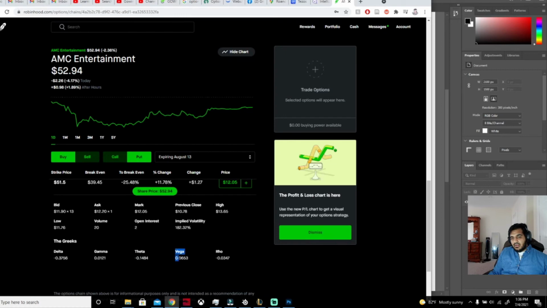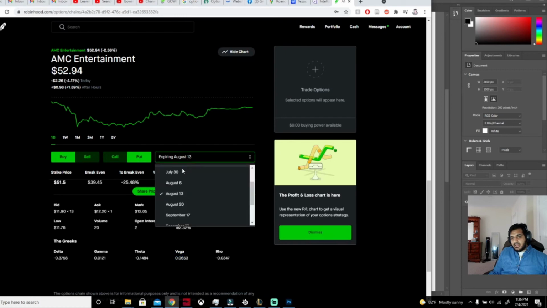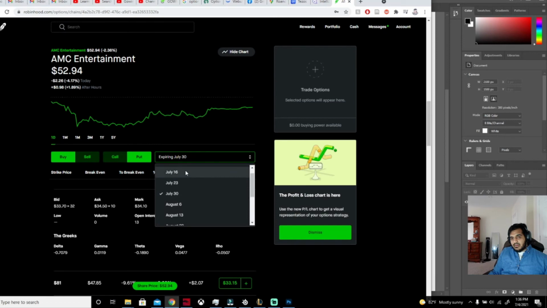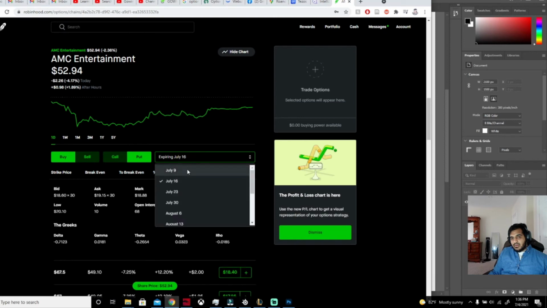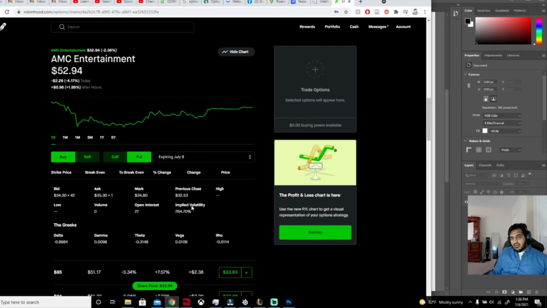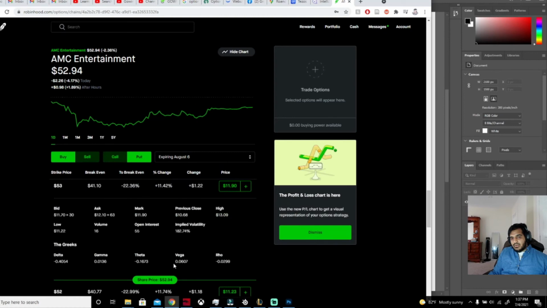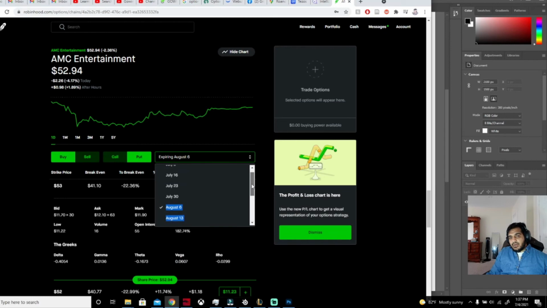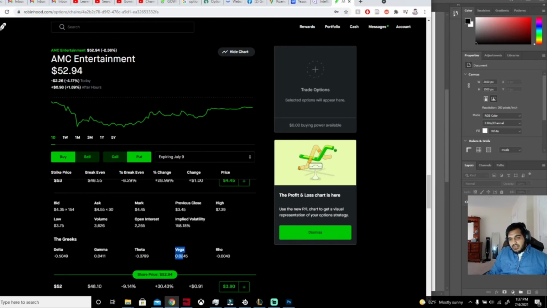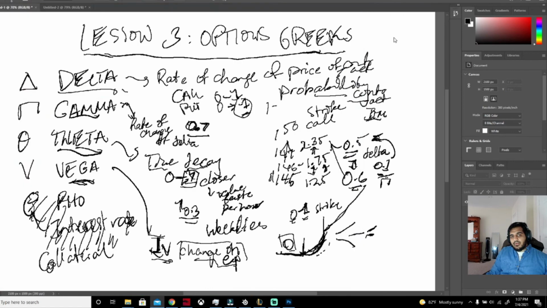They have a low value and they'll only decrease as you go closer. If you go out, you have a lot of chance for variability, so 0.06. But as you get closer to expiry, this goes to 0.02, so it's a lot less volatile than if you go out. If you go out, you have more volatility, more chances of increase, so your Vega is higher.